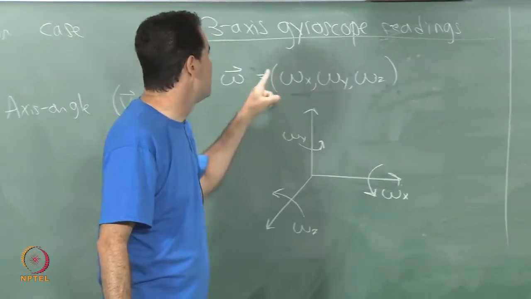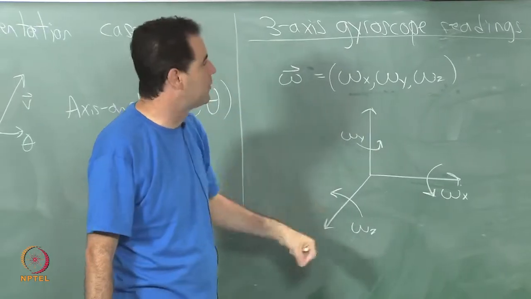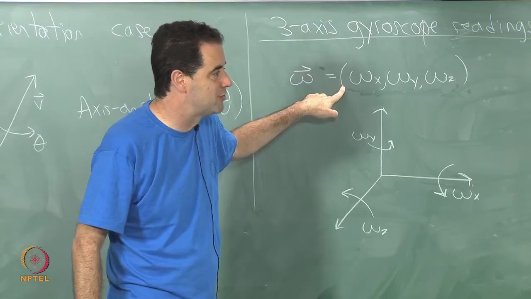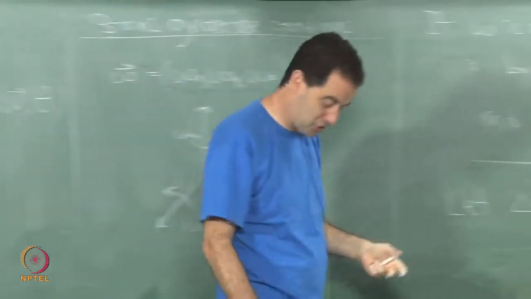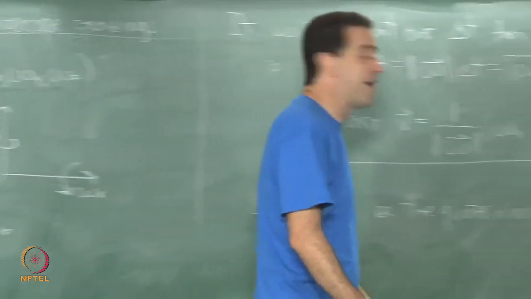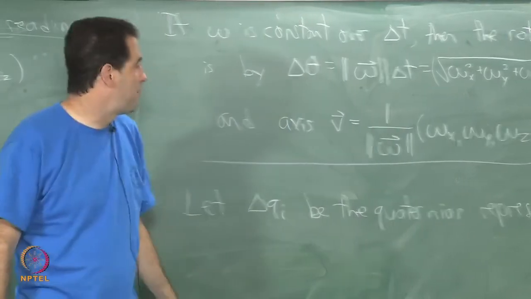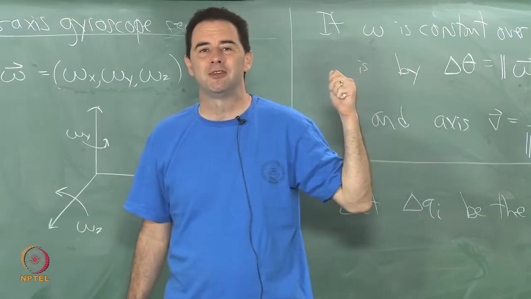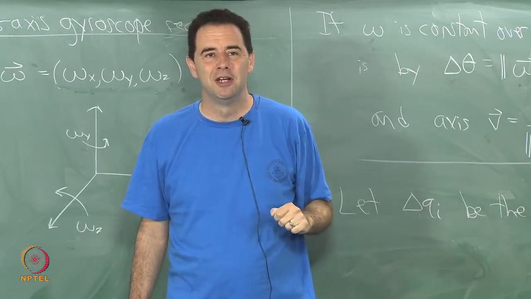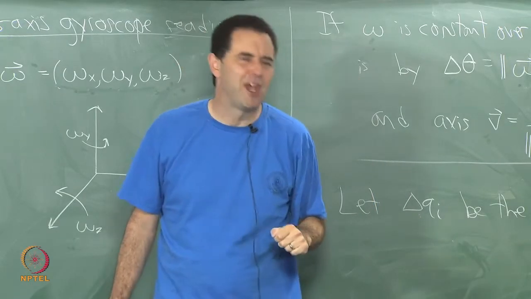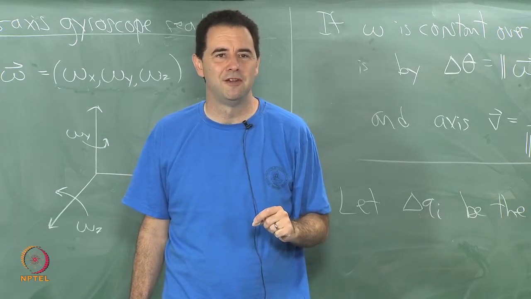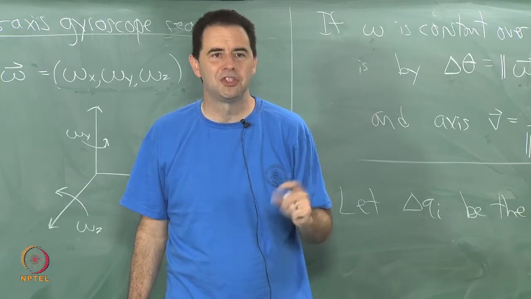Luckily, this 3-dimensional gyroscope, if it provided a perfect reading, it would be giving me the 3 components that I use to directly construct the axis. So in software, I may have a Quaternion library that I just pass delta theta and v to, and it'll immediately return back the Quaternion that corresponds to that. That Quaternion, in most cases, will be fairly close to the identity. Why is that? Because this is a tiny rotation, right?